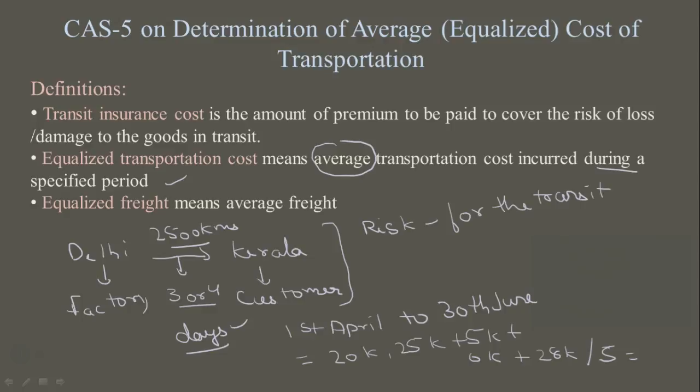Two subjects are quite simple, cost and management audit and business valuation, while in SPM you have to concentrate more on CFR and more on IDD. But again, I'm saying don't avoid these two subjects, cost and management audit and business valuation, because these subjects are going to make the average of your group 4.